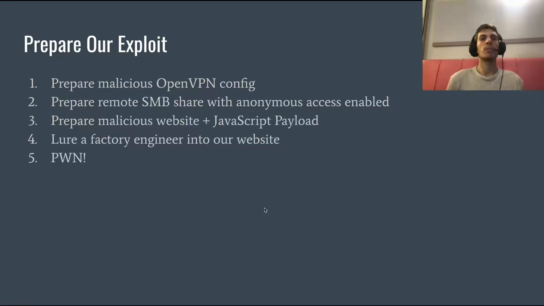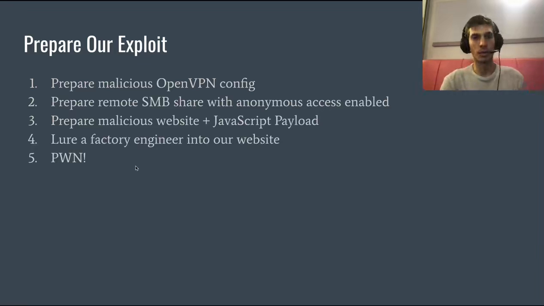Then we needed to prepare a malicious website with a JavaScript payload, which will send a fetch request, an HTTP POST request, to the backend service. And finally, lure a factory engineer, in our case Rachel, to our website, and then we have a one-click RCE. Let's see all the different steps.